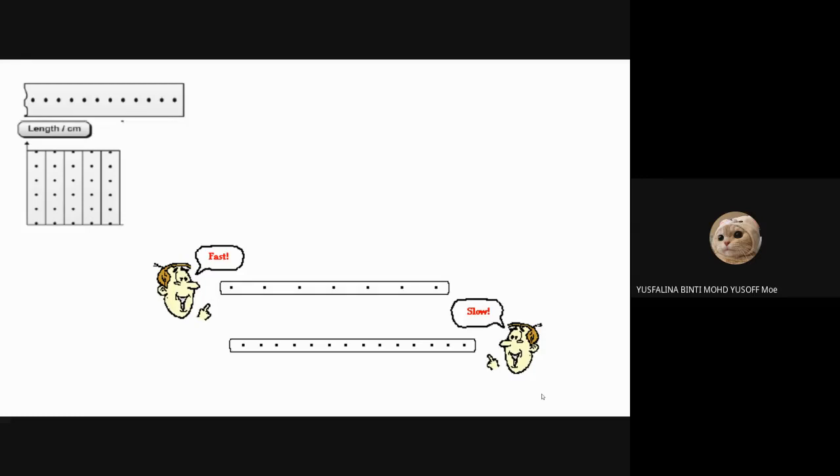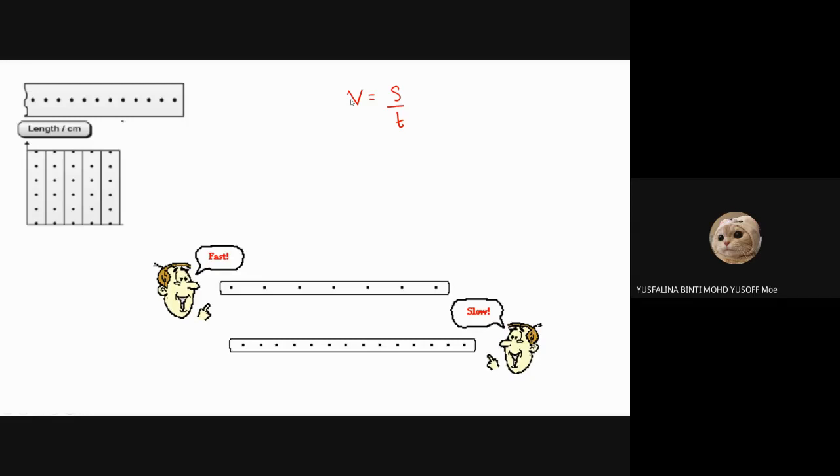So let's say this is the ticker tape. You can see the distance between the two dots is the same. So we're using the formula V equals S over T. You can see here the displacement is the same, so if the displacement is the same, the velocity must also be the same.